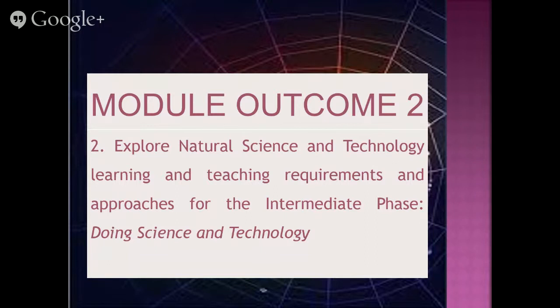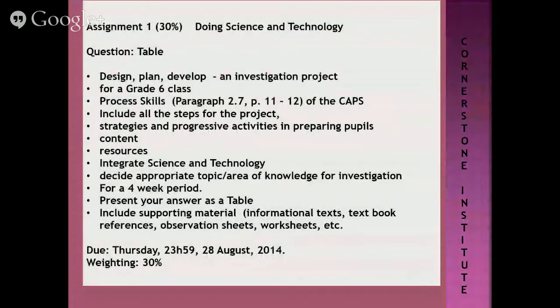It's about exploring natural science and technology learning and teaching requirements and approaches for the intermediate phase. It's about doing science and technology. Your next assignment is due on the 28th of August, which isn't very far from now, and it weighs 30% of your semester mark and the mark for this module.